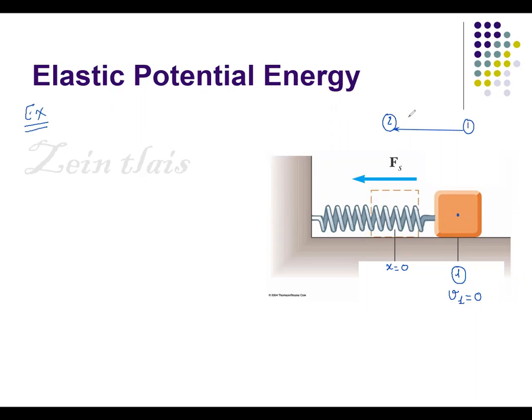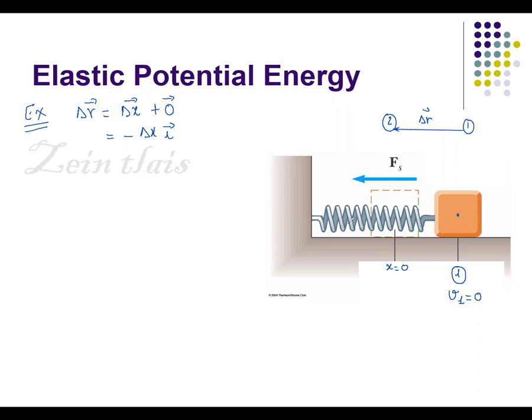Let's say here we have a displacement dr, which is equal to, as you know, dr equals dx i plus 0 dy. dr is directed to the left, so here we have minus i dx.